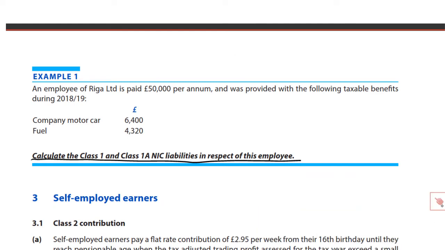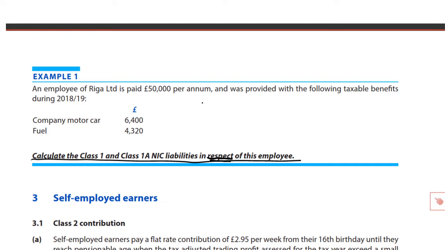Okay, well, let's see if we have indeed interpreted that requirement correctly. Look what it says. Calculate the Class 1 and Class 1A NIC liabilities in respect of this employee. So they're not asking us the amount of contributions payable by the employee, but in respect of this employee. So what are they?